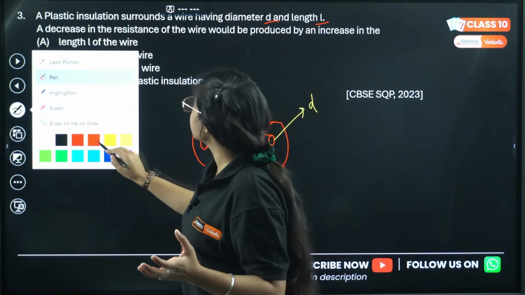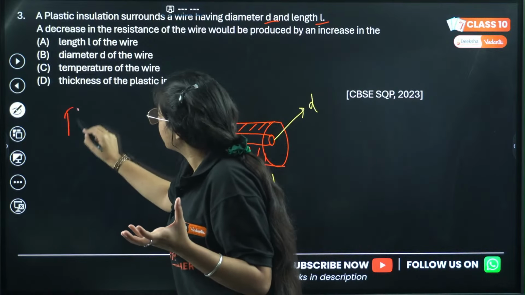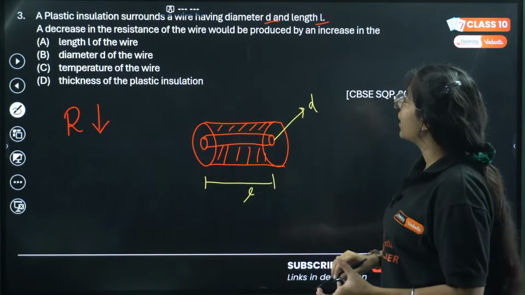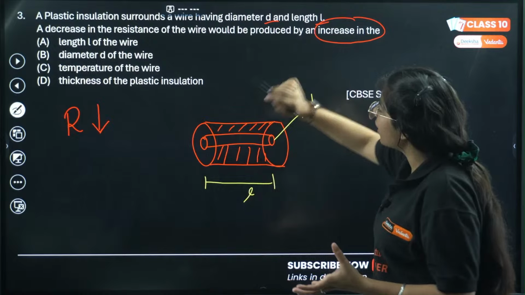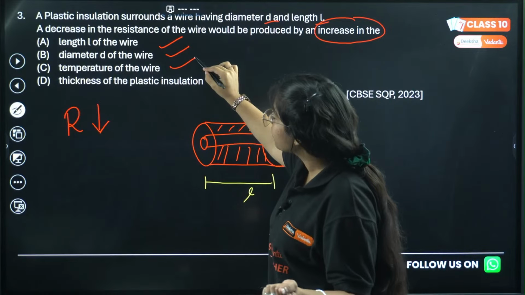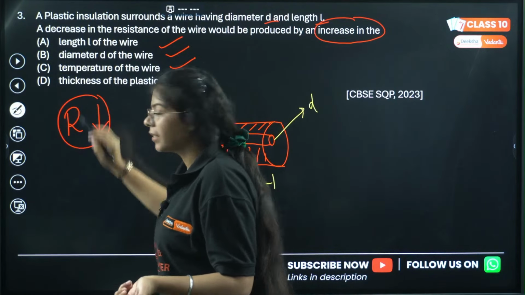Now what they're asking is a decrease in resistance of the wire. A decrease in resistance of the wire would be produced by an increase in the length of wire, diameter of wire, temperature of wire or thickness of insulation. They are saying that my resistance is decreasing.